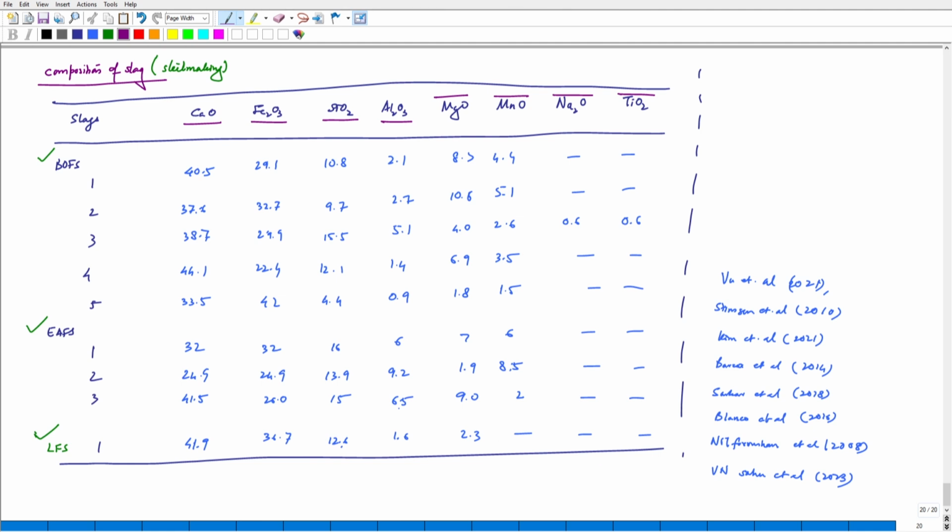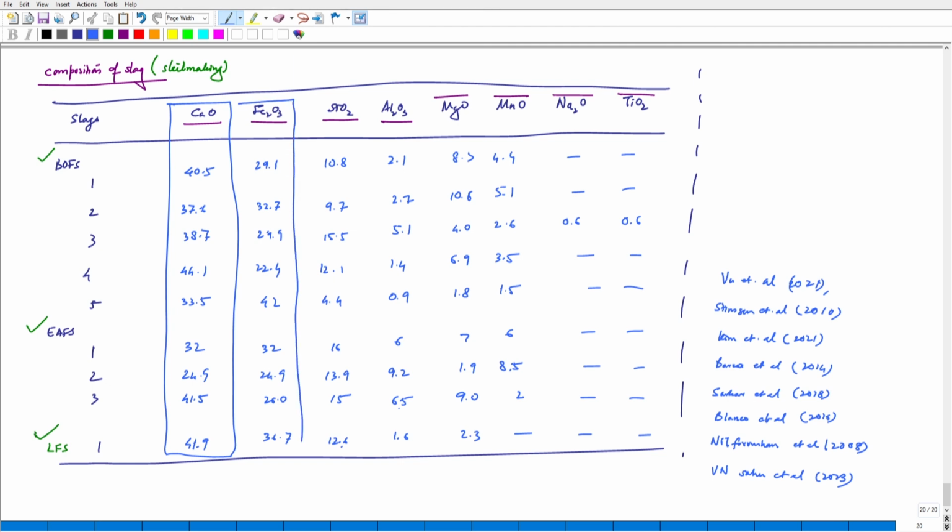Now we see that the biggest contribution comes from CaO and Fe2O3. SiO2, silica in this case is relatively lesser. Similarly, alumina is also less, MgO is also less, MnO is also less. So the major contribution is actually coming from three important phases: CaO, Fe2O3 and SiO2.